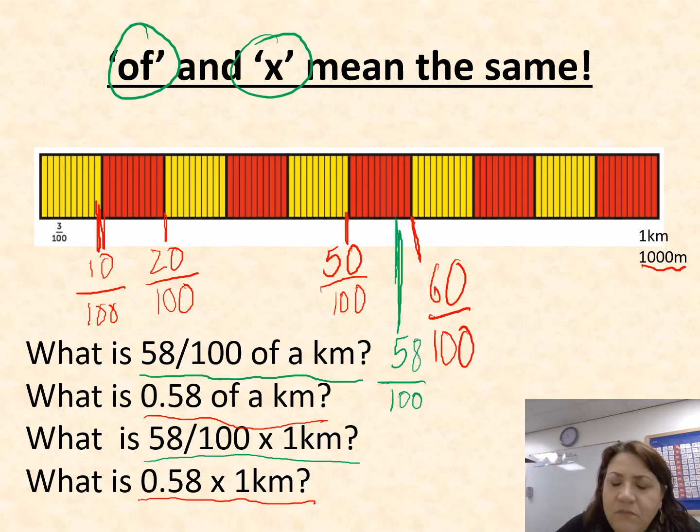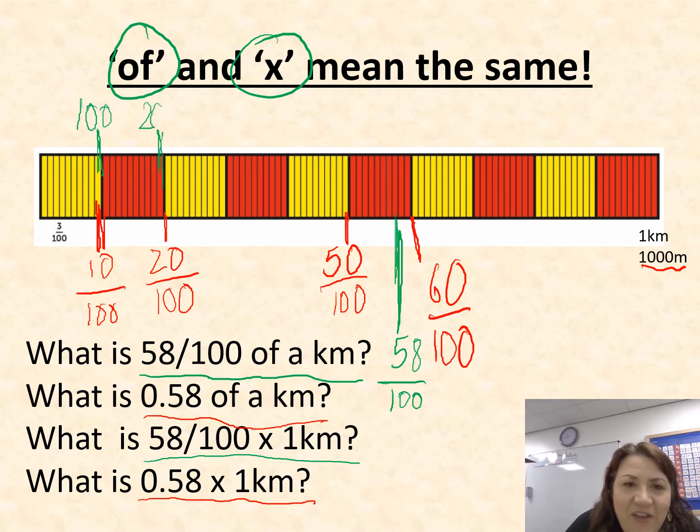Now, what is 58 hundredths of a kilometre? It's not 58, because do you remember I just said that each hundredth is worth 10, because 100 tens make our 1,000. If each hundredth was only worth 1, we'd only get to 100. Each tenth is worth 100. It gets very confusing when you think of it like this.